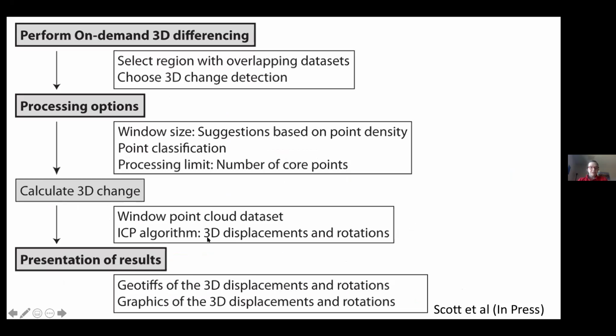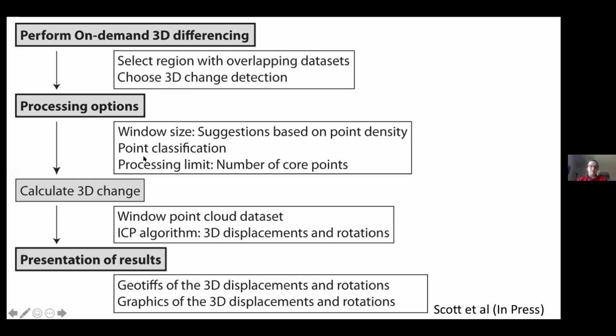So here are the steps that we use to implement the 3D differencing into OpenTopography. In the first step, the user must decide that they want to perform 3D differencing. And so they must select a region with overlapping data sets and then choose to perform 3D differencing.